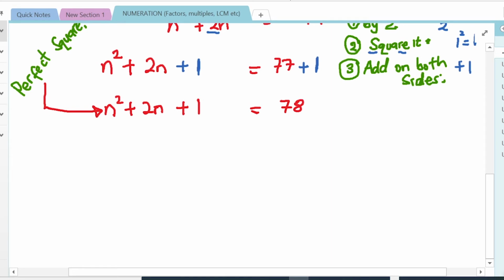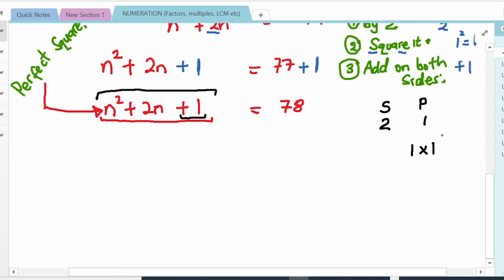So now that we have created a new equation here, let's solve it from here. We're going to find two numbers giving us a sum of 2 and a product of 1. 1 times 1 gives us 1, and 1 plus 1 gives us 2.